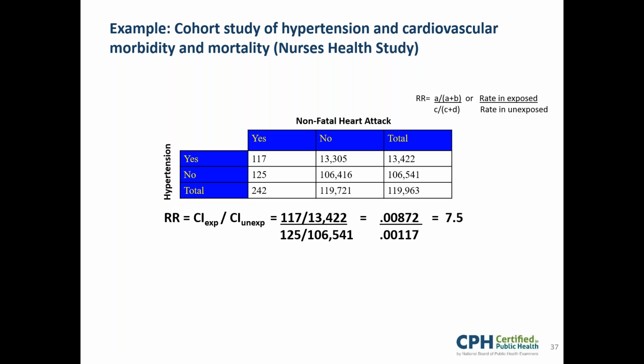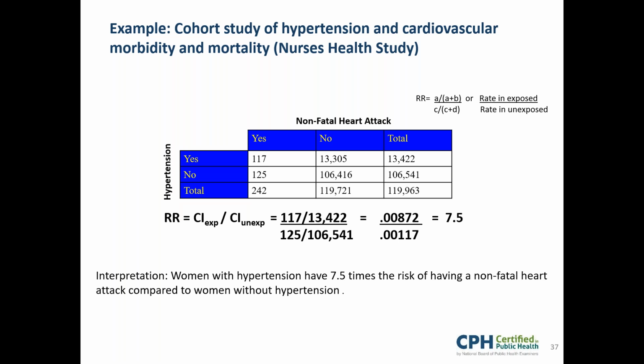And then we're going to take C, the 125, divide it by the 106,541, which is C plus D, and that's going to give us 7.5. One more click. So the interpretation of this is that women with hypertension have 7.5 times the risk of having a non-fatal heart attack compared to women without hypertension. So that's an example of how we would calculate RR from a 2x2 table.